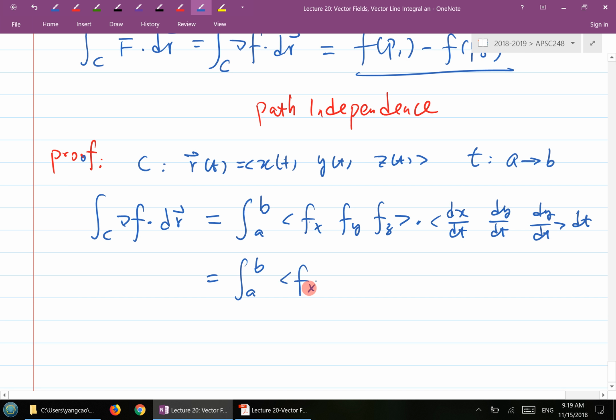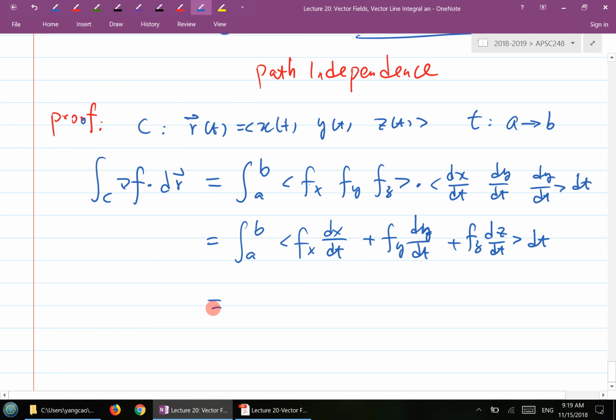So we get fx dx over dt plus fy dy over dt plus fz dz over dt, times dt. Multiply the dt into it, you can cancel all of the dt out. Then you get fx dx plus fy dy plus fz dz.